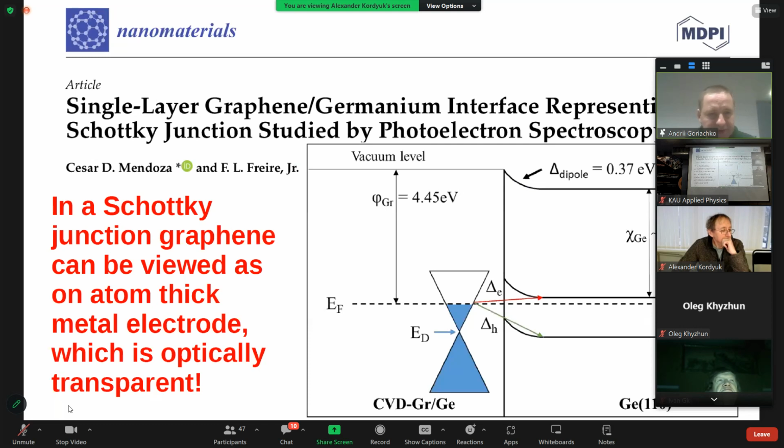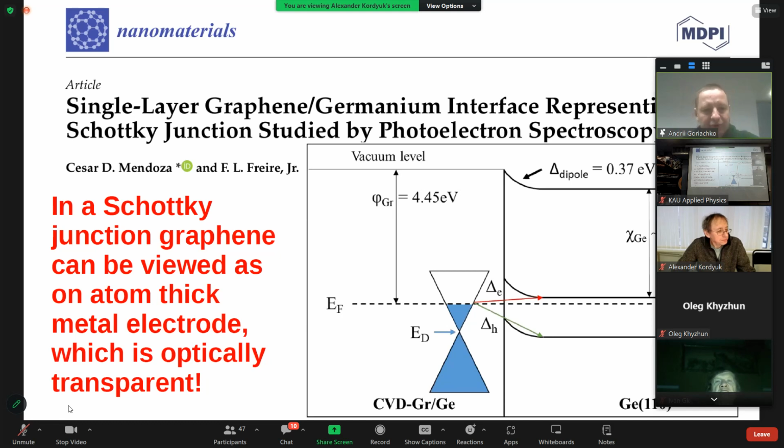And of course, since we all know that graphene is a very nice conductor, we can also imagine a Schottky junction, a Schottky barrier. There were also very recent publications about the interface between germanium and single layer graphene, which is a Schottky junction, the band diagram of which you can also see on the screen.